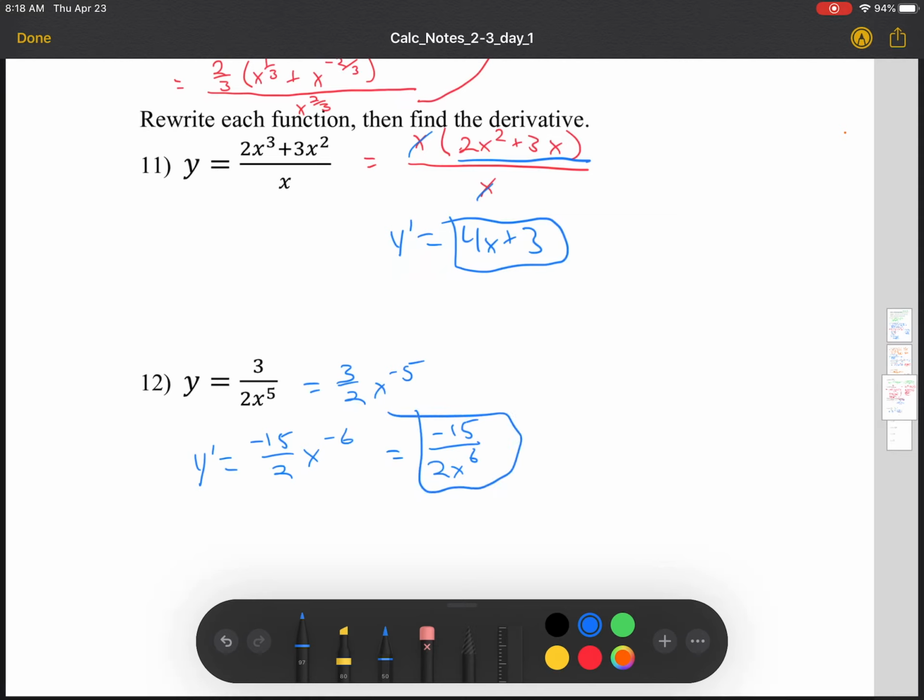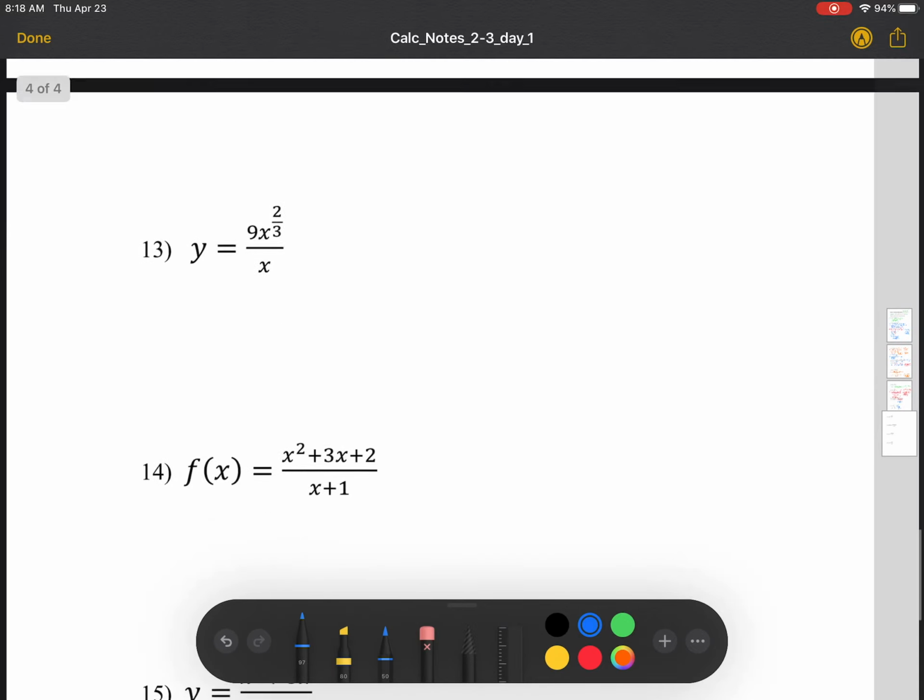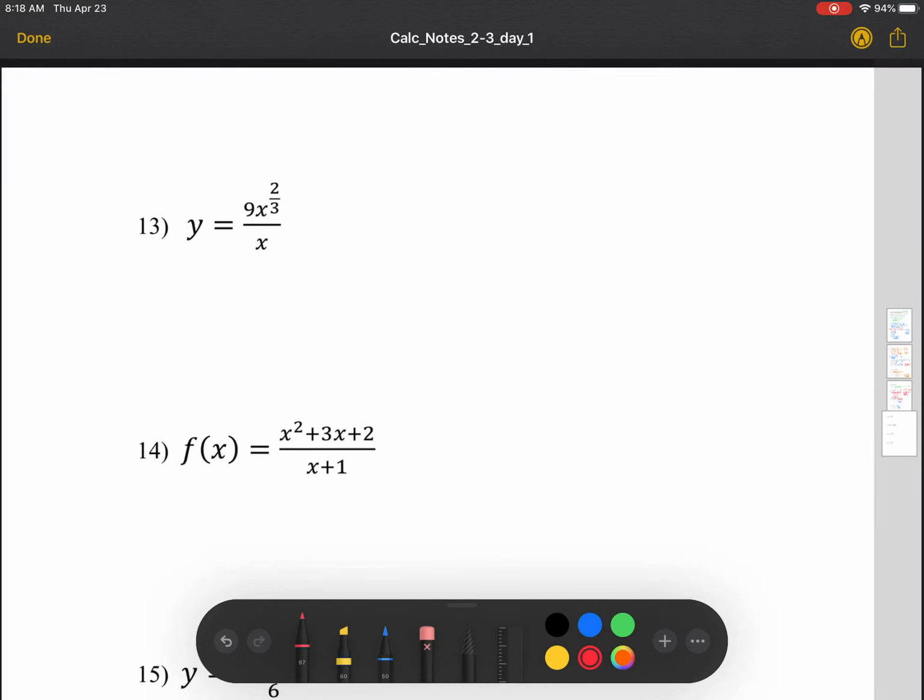Getting rid of the negative, since you don't want negative exponents, that's going to be negative 15 over 2x to the 6th. So that's going to be your final answer. But yeah, simple and easy. So think about your rules and how we can manipulate these equations to make them easier to do our little tricks.